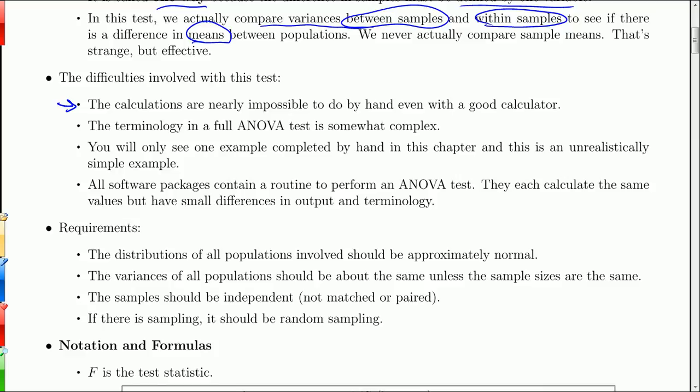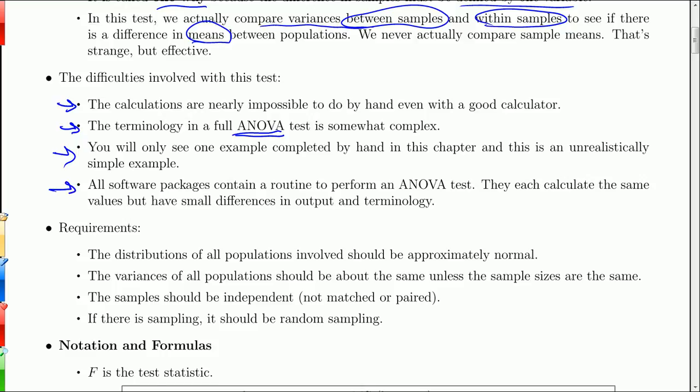There are a lot of variables that go into the critical value, so the tables are sometimes numerous and complex. The terminology in a full ANOVA test in most statistics books is much greater than what we're going to see here, and it is pretty complex.